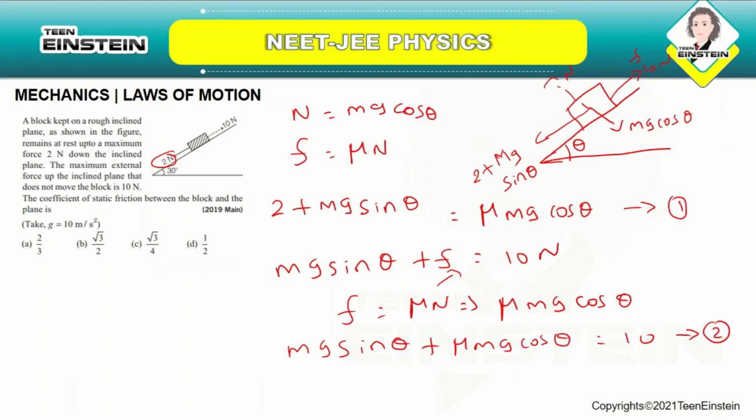If you substitute the values of theta, F, and m, as we did in the previous problem, you will get mu equal to root 3 by 2.